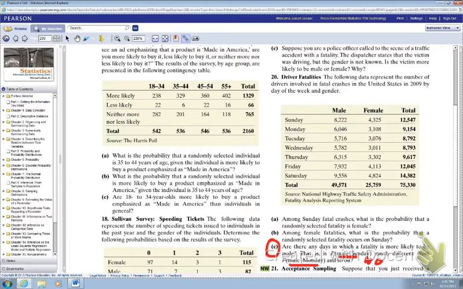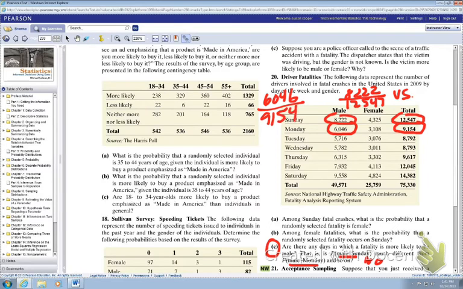One way to do that is, given that it's Sunday, take a look at fatalities that are male. For example, you would want to compare 8,222 out of 12,547 versus 6,046 out of 9,154 and just see if they're statistically different. So take a look at their decimals and see how much they differ, if it's significant.